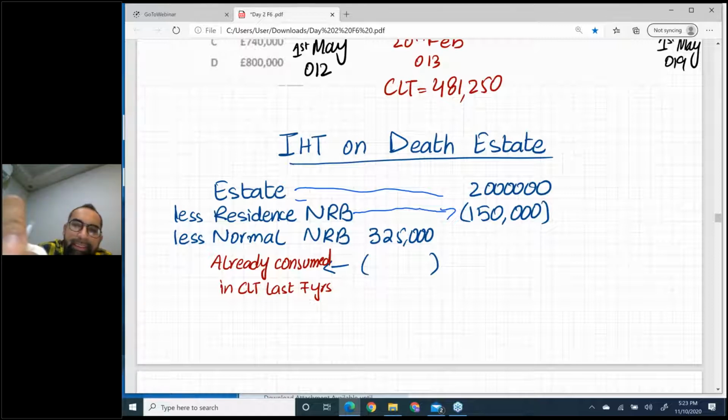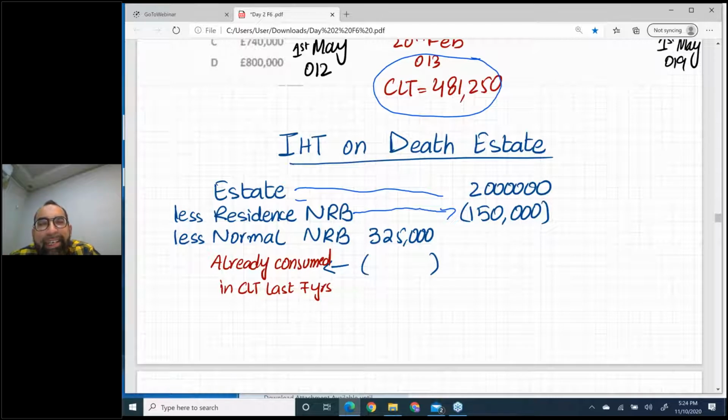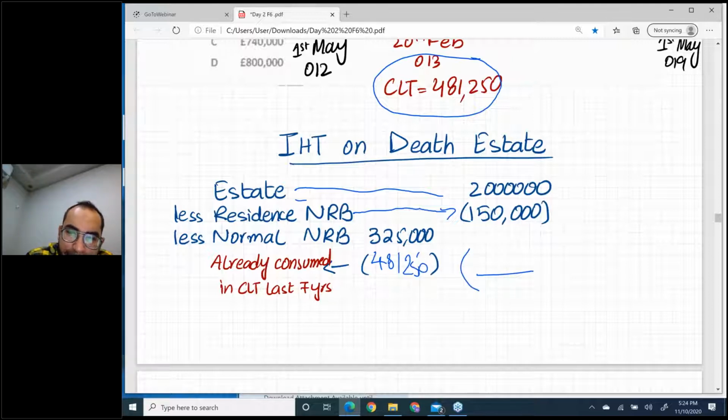So yes, 7 years back there is a big elephant, this giant CLT of 48,125. Obviously this CLT must have consumed your NRB, so no more normal NRB is available.